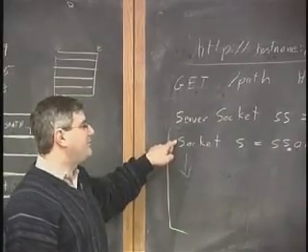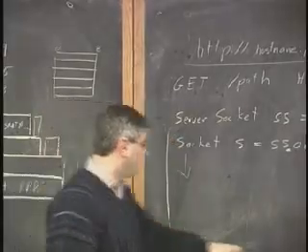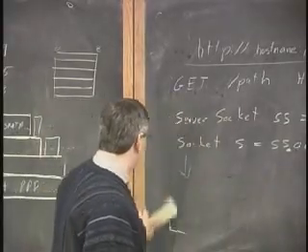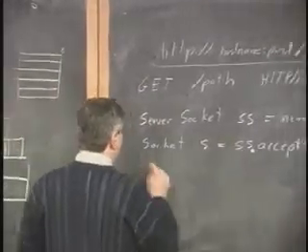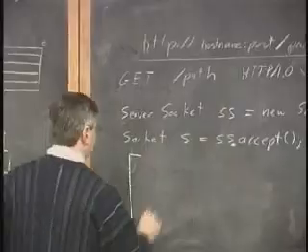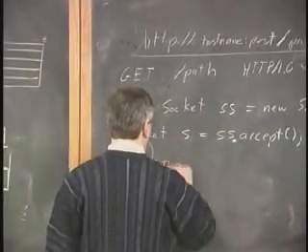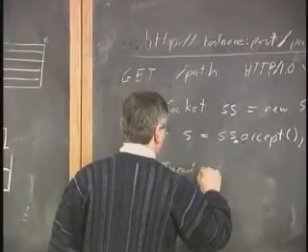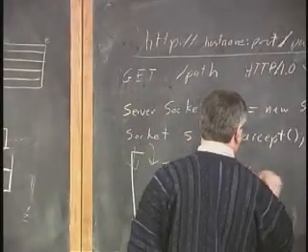If you want to handle multiple clients, then every time you get an accept, you need to fork off a new thread to handle this connection.